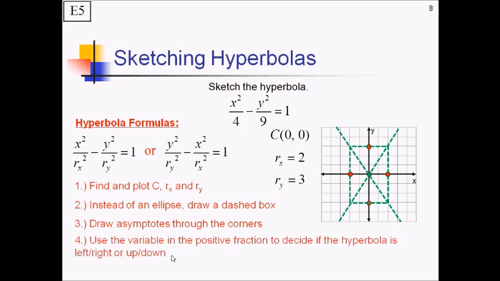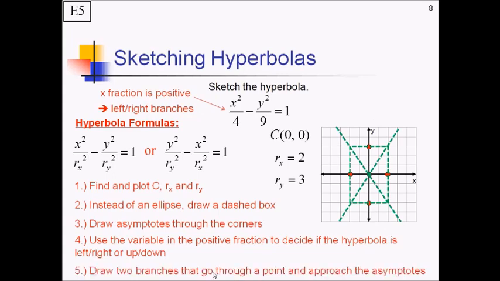So the next thing we're going to do is use the variable that's in the positive fraction of the equation here to decide if this hyperbola is a left-right hyperbola or an up-down hyperbola. Here we see that we have a positive x squared. That means that this is going to be a left-right hyperbola. We're going to have branches on the left side and the right side. Some hyperbolas have them on the top and the bottom, but not this one.